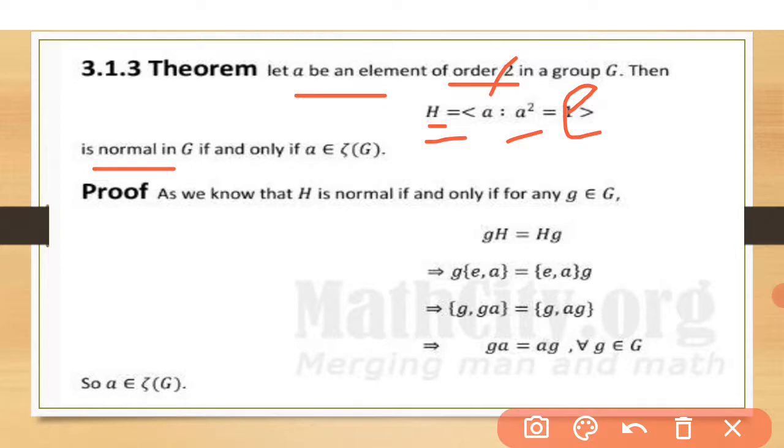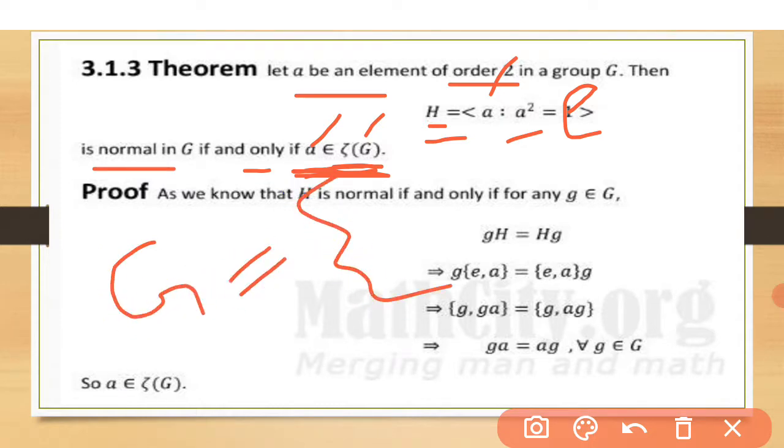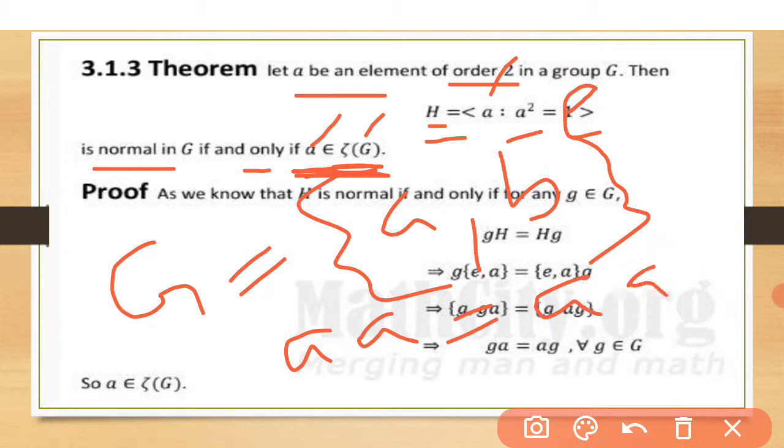Normal means H is self-conjugate, if and only if A belongs to Z(G). Z(G) means that all the elements of G commute with A. What it means is that if G has elements A and B, then in Z(G), A times B will be equal to B times A. It means that the commutative law holds.